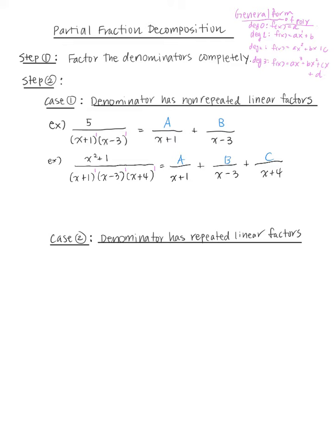Now let's go with case 2. The denominator has repeated linear factors, so I'm going to make it kind of look like what we just did with case 1. So suppose we have maybe 5 over x plus 1 squared and then x minus 3 to the, I don't know, pick a number, any number, I'll just keep it as 1.